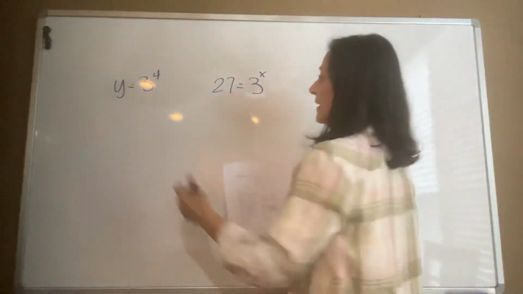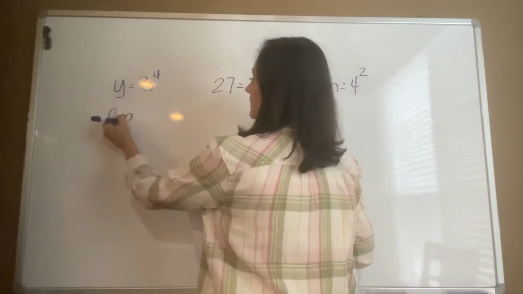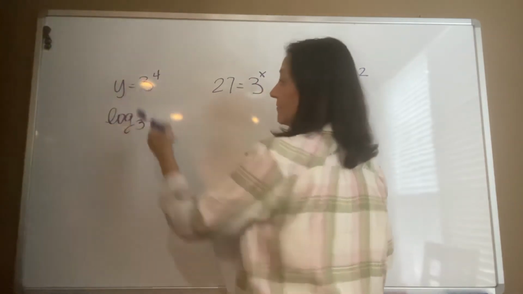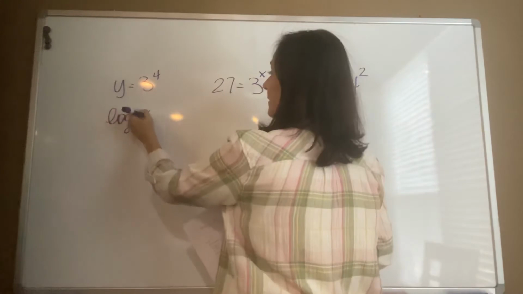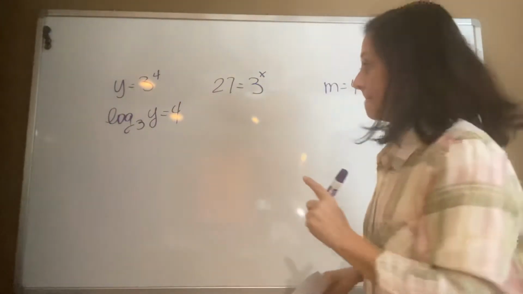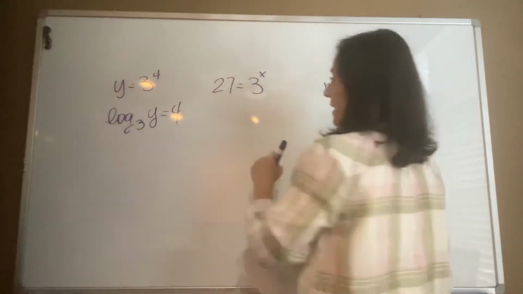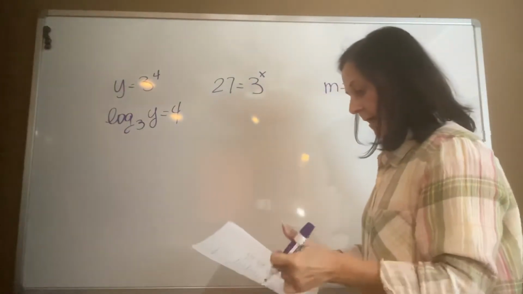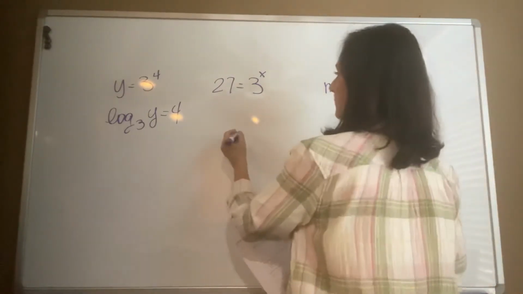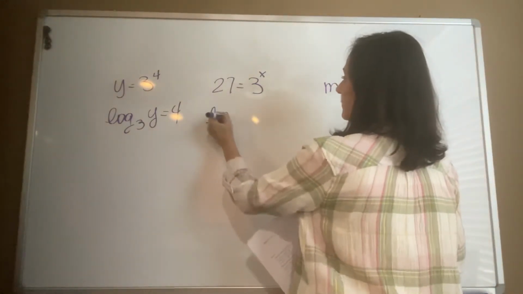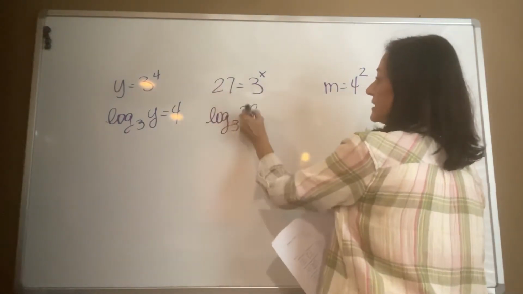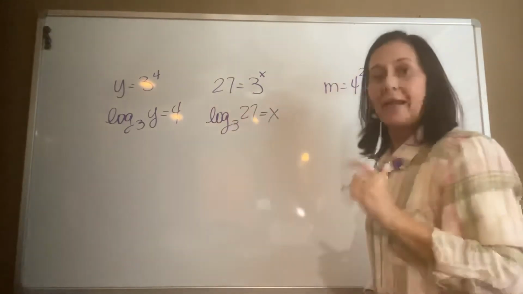It's log base 3, that's my base, of the solution equals my exponent. And then I want to do a couple of natural logs. We'll go back and forth with a couple of natural logs. This is log, my base is 3, my anti-log is 27 equals my exponent x.